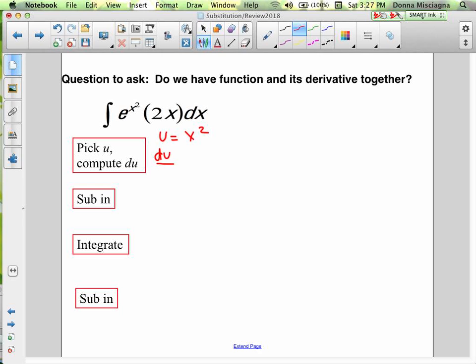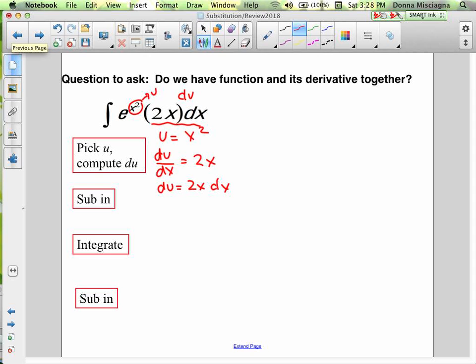The derivative of u with respect to x is 2x. We've got everything we need except we need to move the dx over to the other side. So du equals 2x dx. So the e stays, but that's replaced with a u, and all of this is replaced with du.